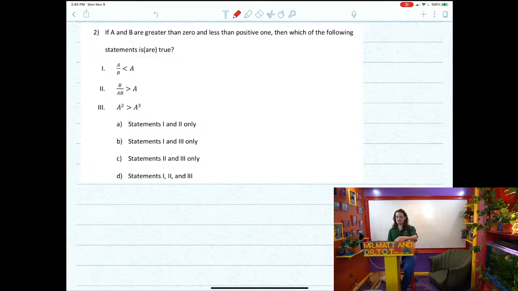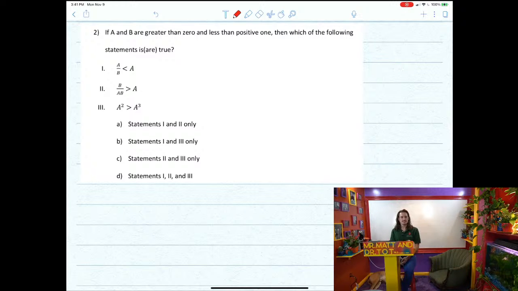Okay, so first of all, I wanted to just point out a little bit of a testing strategy. Notice that statements 1 and 2 are much more complex than 3. 3 is pretty straightforward.